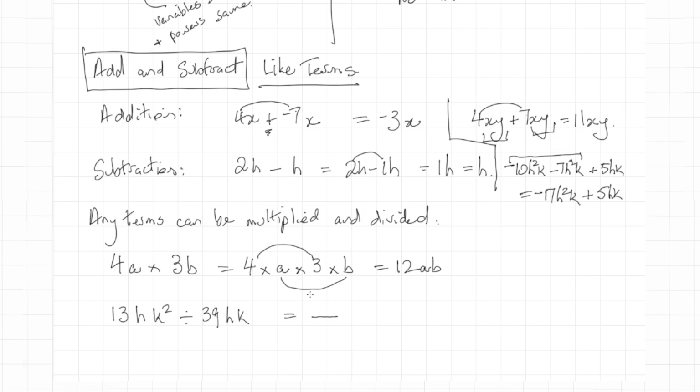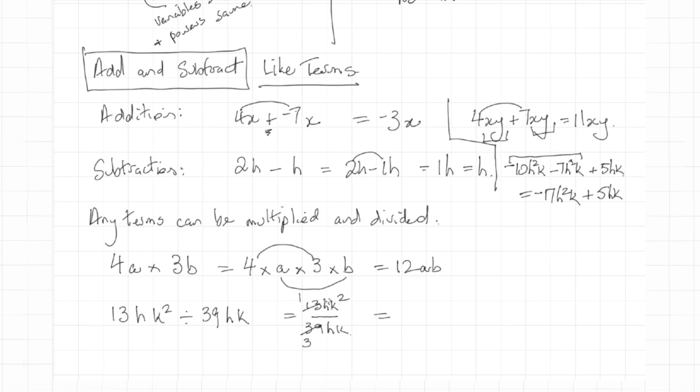So we'll put this as the numerator, 13hk squared over 39hk. Now, if you remember your laws of indices, we can use that to simplify this. Now, before we look at the h's and the k's, let's look at the numbers. 13, is there any number that goes into 13 and 39 evenly? Well, 13 goes into 13 once and 13 into 39 3 times.